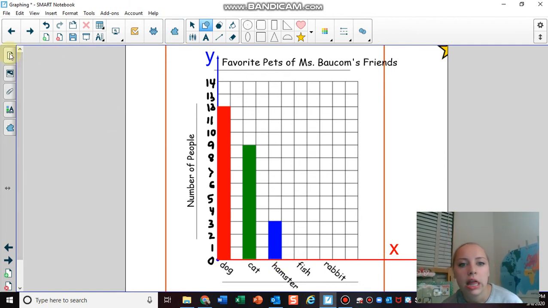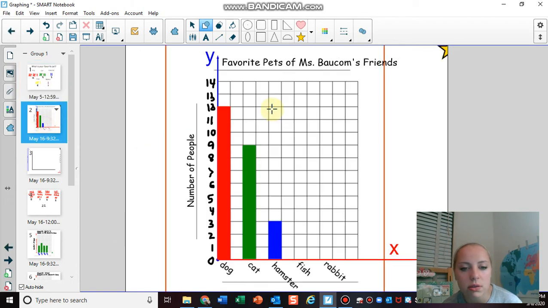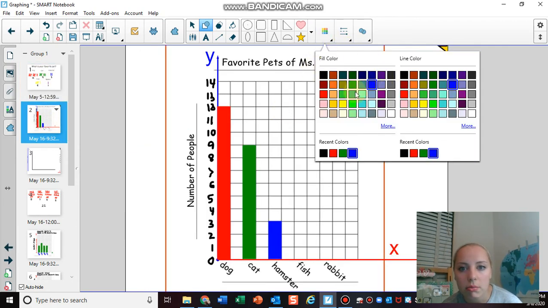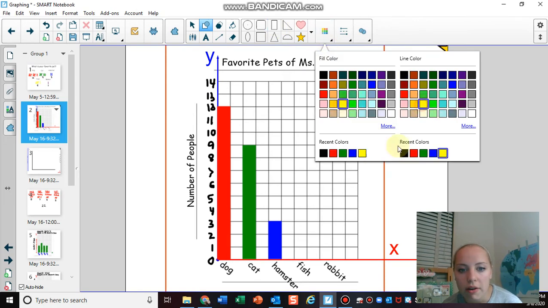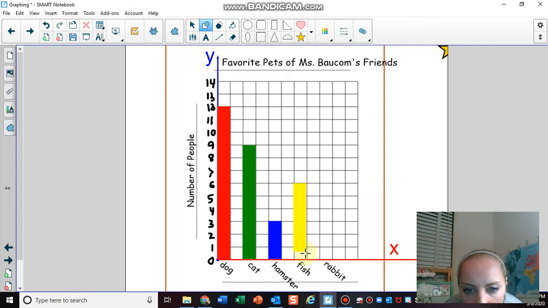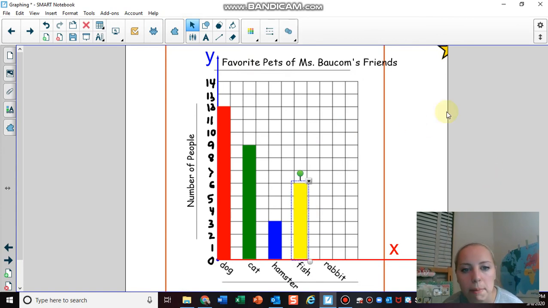Back to our data chart. Our next category, fish, got 6 votes, so we make our fish bar line up with the 6. Scoot that over a little bit.